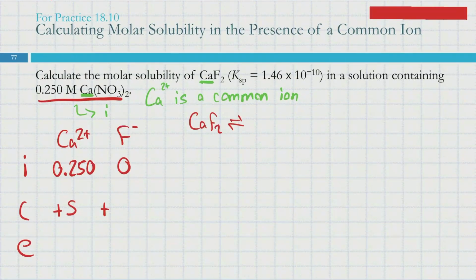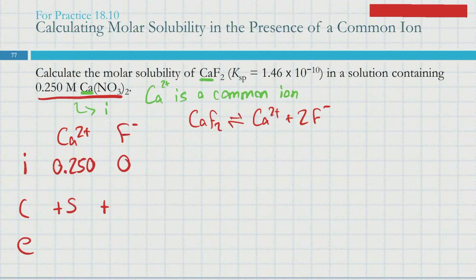So CaF2 in equilibrium with Ca2 plus and 2F minus. Strictly speaking, you don't need to write one of those, but it could be helpful. So because of this 2 in front of our fluoride, we're going to be adding 2S for our fluoride. Then our equilibrium amounts are our initial concentration of calcium plus S and 2S.